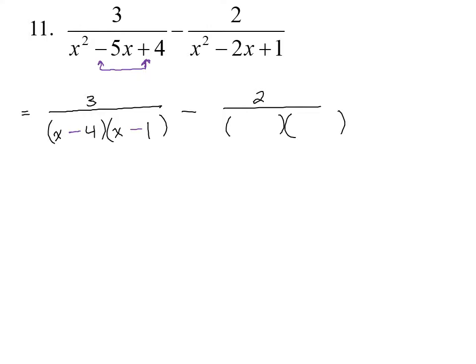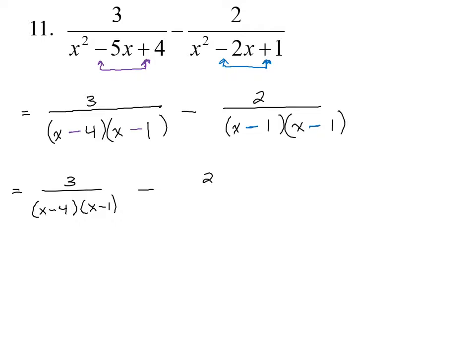On the other one, same idea. This positive tells me they're the same sign. I look to the other sign, see it's a minus sign, so they have to both be minus signs. And I need 2 numbers that multiply to 1 that add to 2. I'm going to use 1 and 1. So what I have here is 3 over x minus 4 and x minus 1.